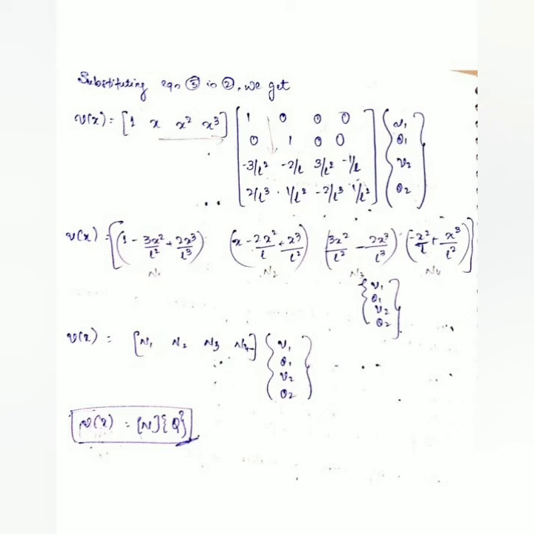So this is the internal expression for the beam element. So v of x equals the shape function matrix N multiplied by the displacement matrix q, and n1, n2, n3, n4 are expressed in the previous equation in terms of x and the length of the beam element, which is shown in the page.